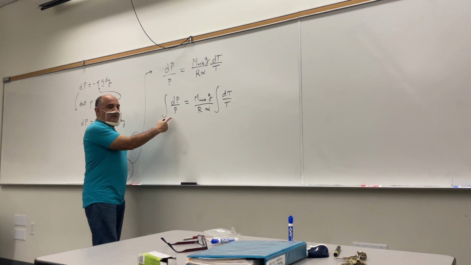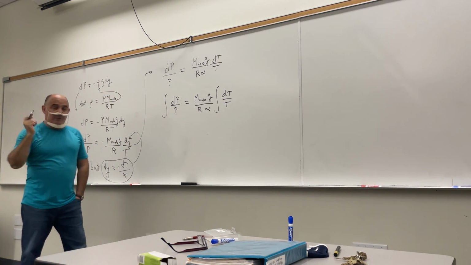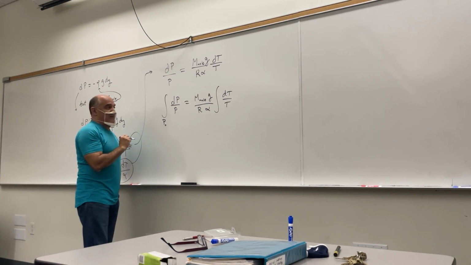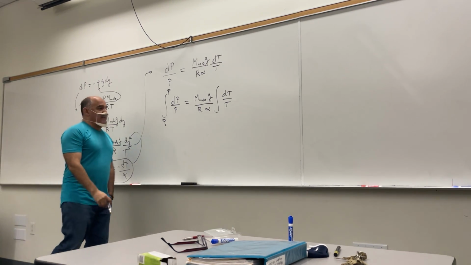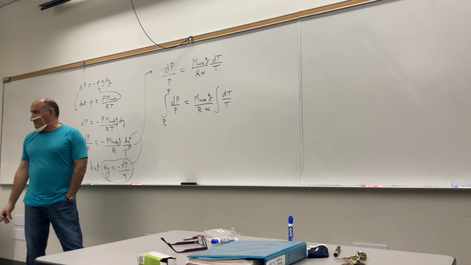The integral on the left-hand side is an integral with respect to pressure, so my limits of integration go from the pressure at ground level to the pressure at some height, y. And the integral on the right-hand side is an integral with respect to temperature.